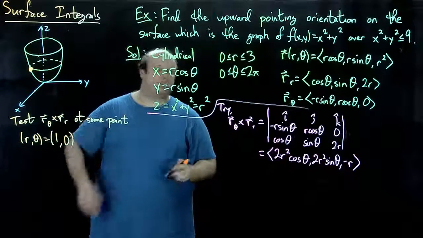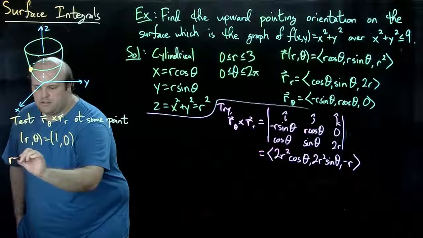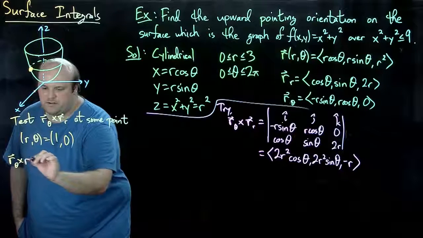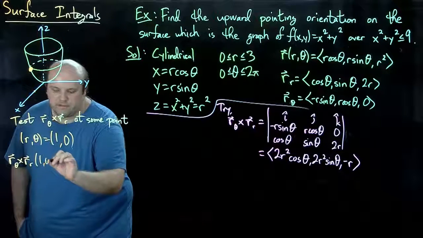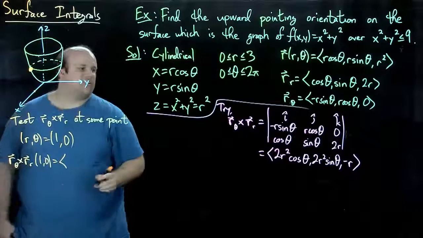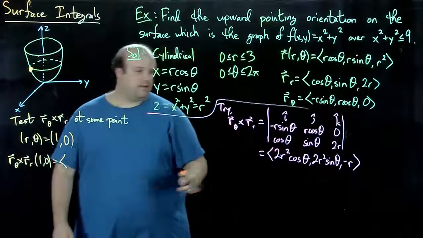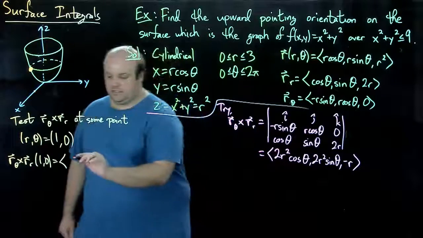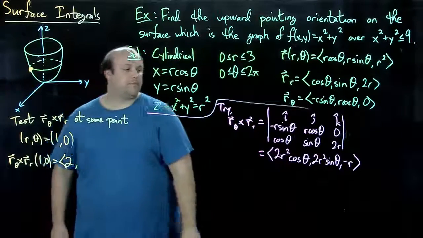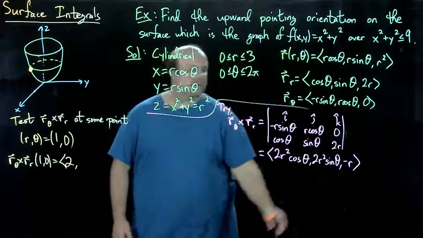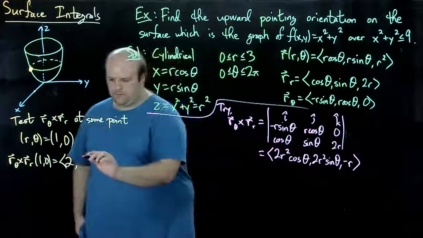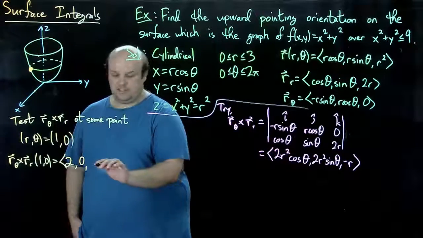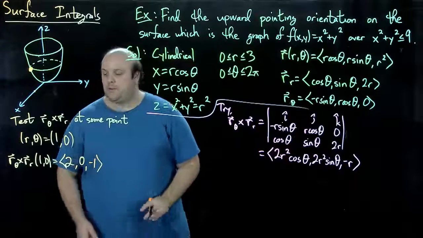All right, so if we plug that in, if we do r theta cross r of 1, 0, we can test that, and well, 2r squared cosine theta is just 2. Okay? Plug here, we just get 0, and plug it into the z component, and we get minus 1.